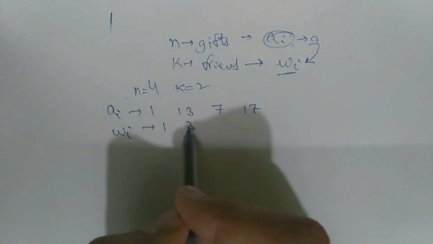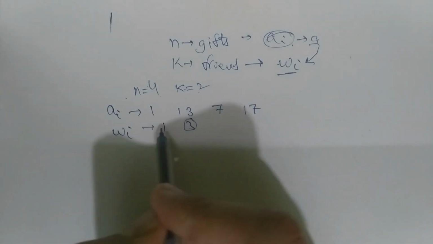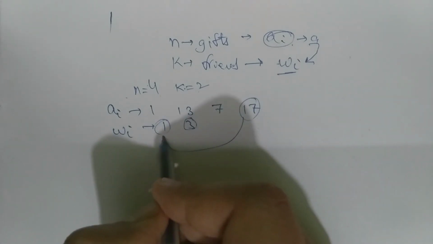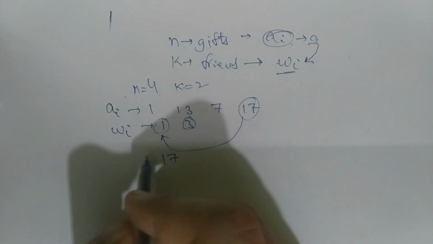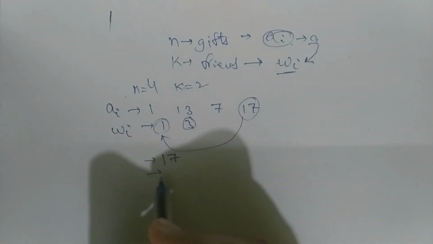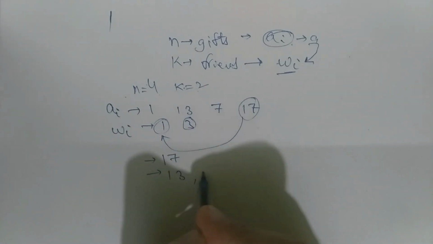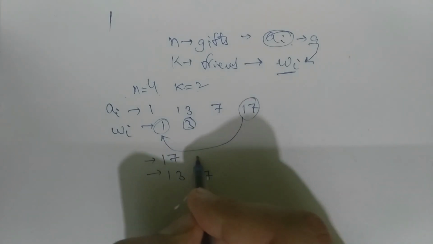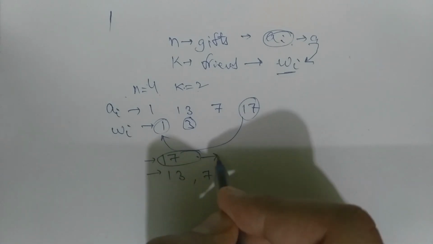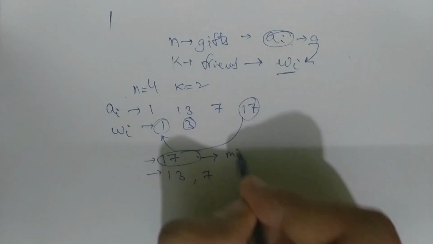So one person will get 3 gifts and one person will get 1 gift. If we give 17 to the first person, then for the second person we'll get 13 and 7. Now what we want to maximize is this: each person should have maximum possible min plus max.